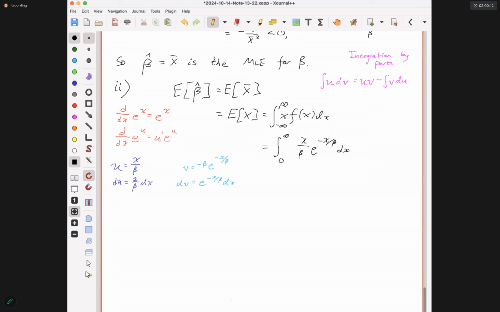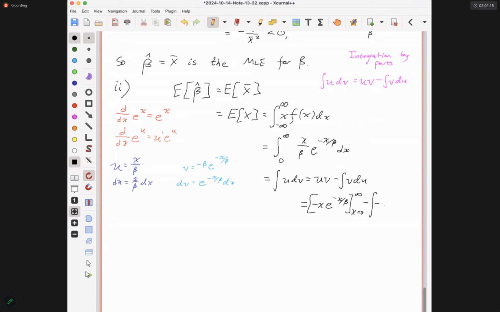So that means we can write this as the integral of u dv, which is uv minus the integral of v du. uv is x over beta times negative beta, which is negative x, e to the negative x over beta, evaluated from x equals 0 to infinity, minus the integral of negative beta e to the negative x over beta times 1 over beta dx.